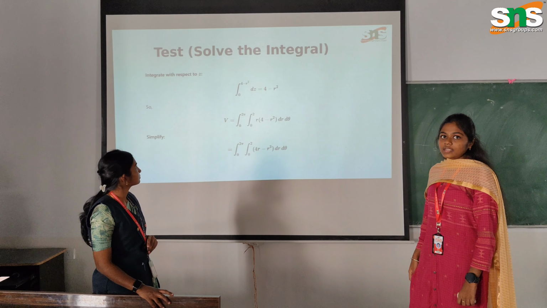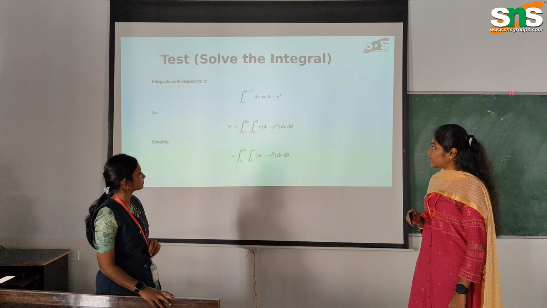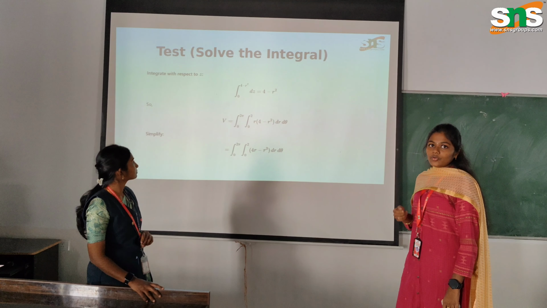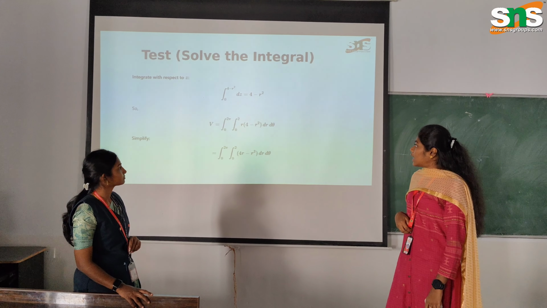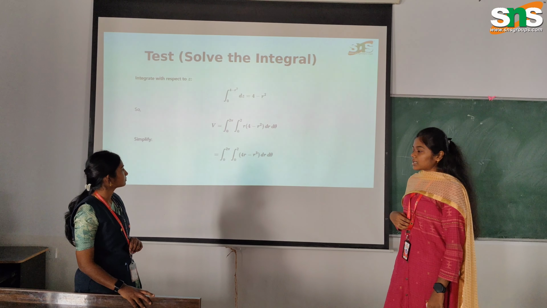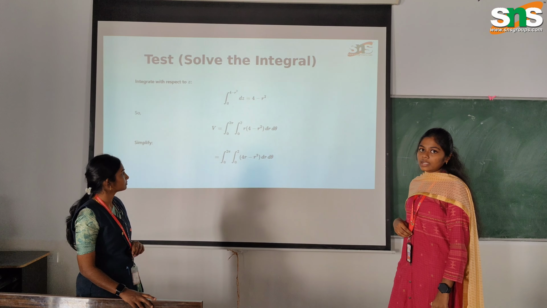Integrate with respect to z. The integral from 0 to 4 - r² of dz is equal to 4 - r². Now substituting this value in the volume, V is equal to the integral from 0 to 2π, integral from 0 to 2 of r(4 - r²) dr dθ. On simplification we get the integral from 0 to 2π, integral from 0 to 2 of (4r - r³) dr dθ.